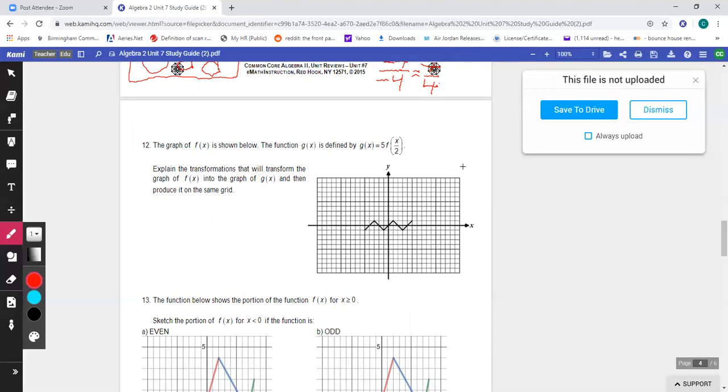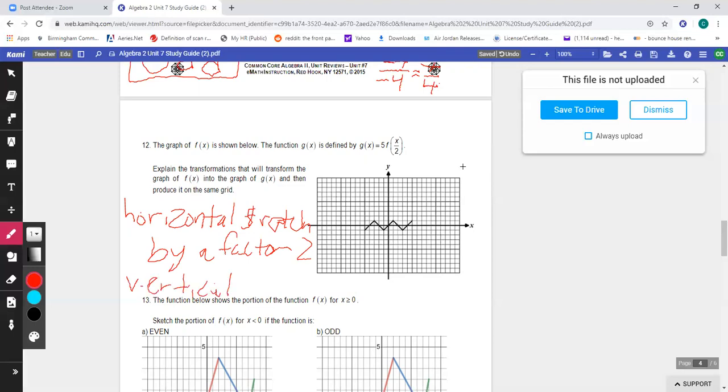And if there's a 1/2 attached to the x on the inside, that's actually a horizontal stretch by a factor of 2. And then the 5 on the outside means there is a vertical stretch by a factor of 5.